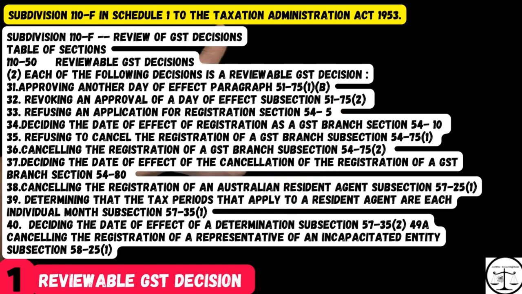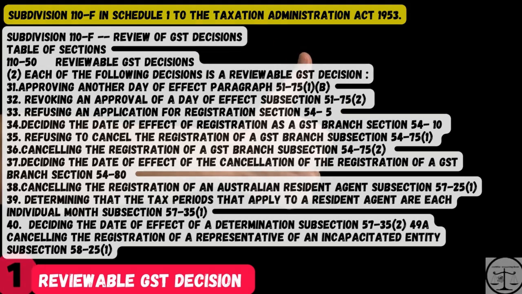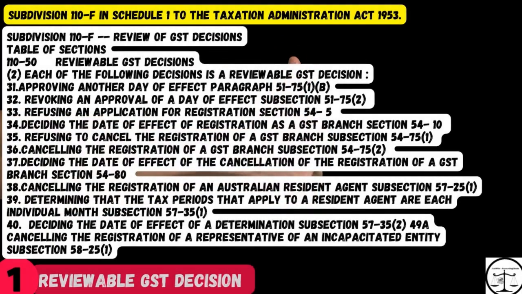38. Cancelling the registration of an Australian resident agent, subsection 57-25(1). 39. Determining that the tax periods that apply to a resident agent are each individual month, subsection 57-35(1). 40. Deciding the date of effect of a determination, subsection 57-35(2). 40A.